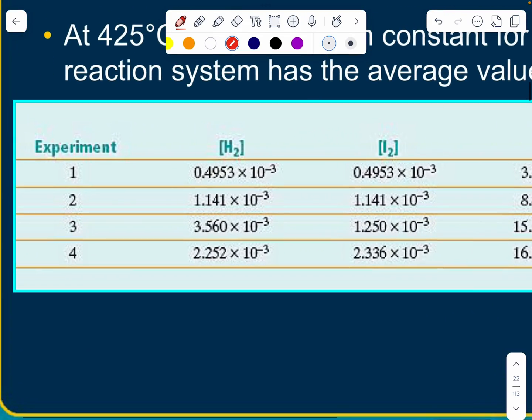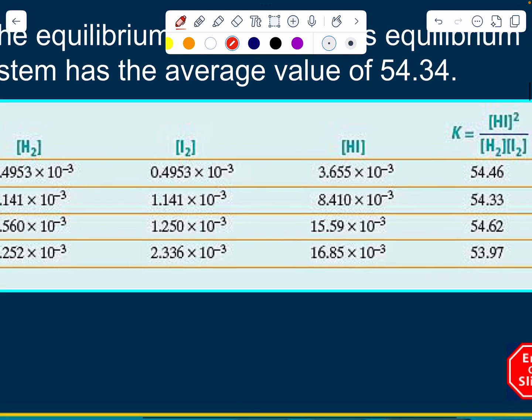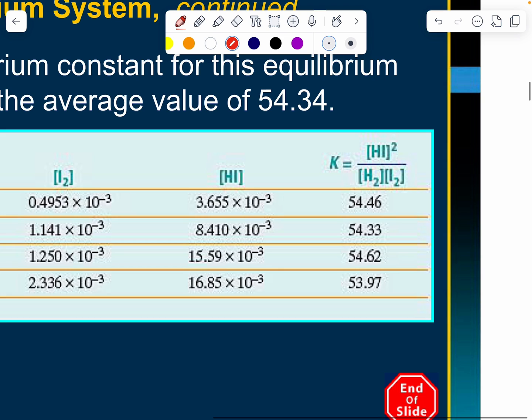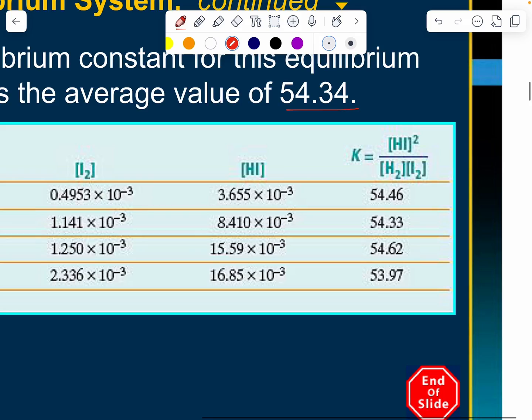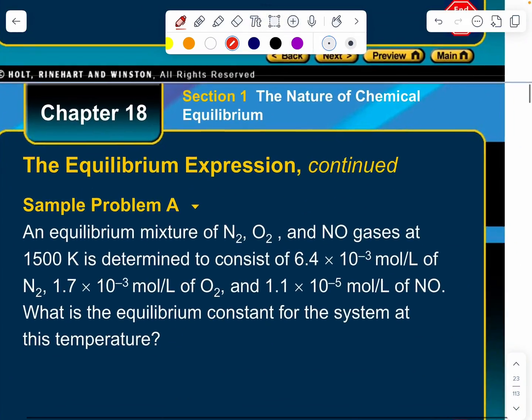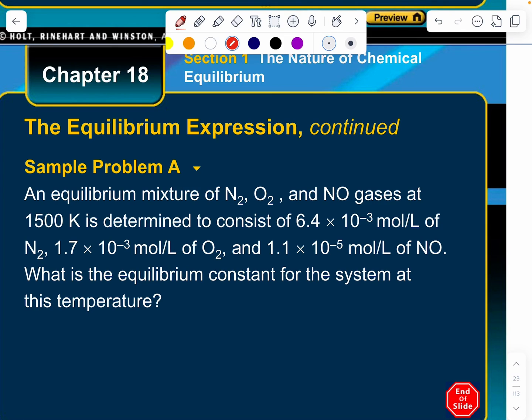Here we did 4 experiments. Since there is no change in temperature, there was an average value of 54.3. Okay, let's have a sample problem for us.